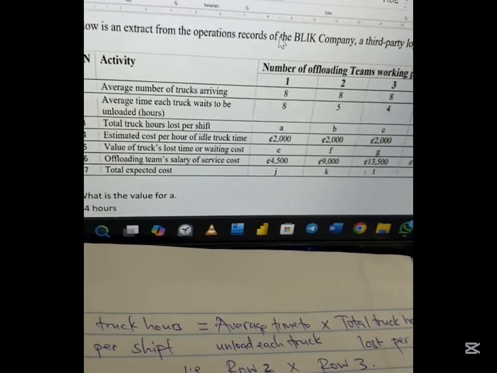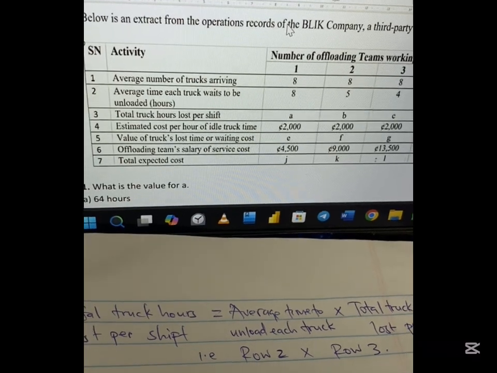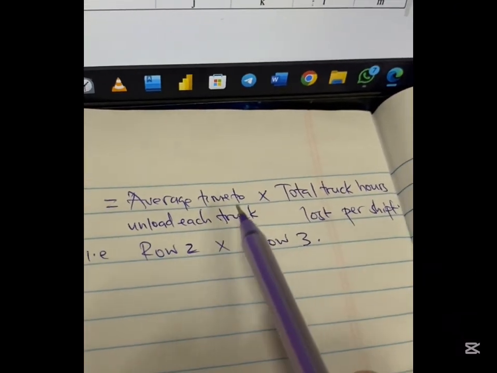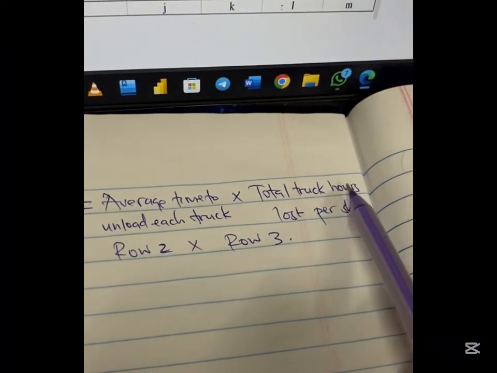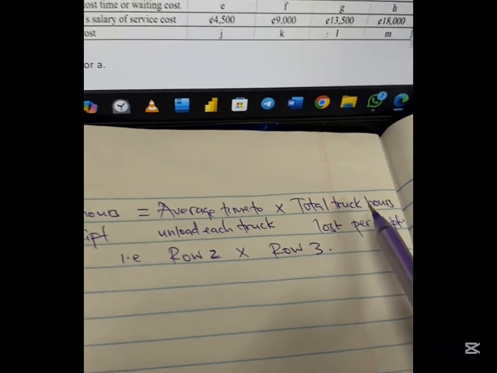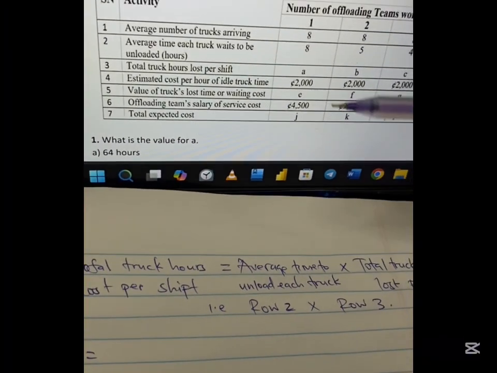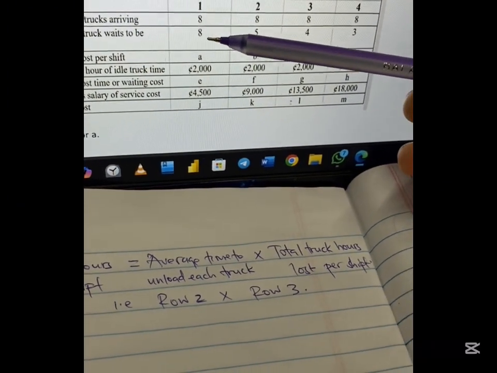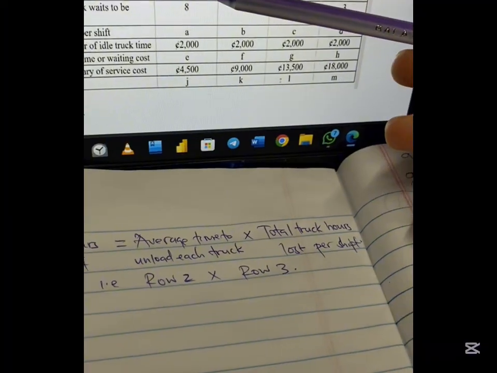So how do you get the total truck hours lost per shift? The formula is the average time to unload each truck times the number of trucks arriving per shift. To get that, we take the value from the second row times the value in the first row.